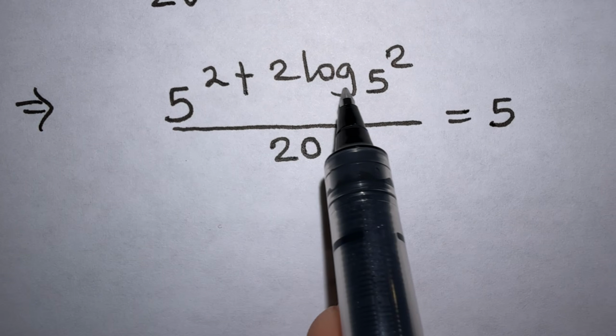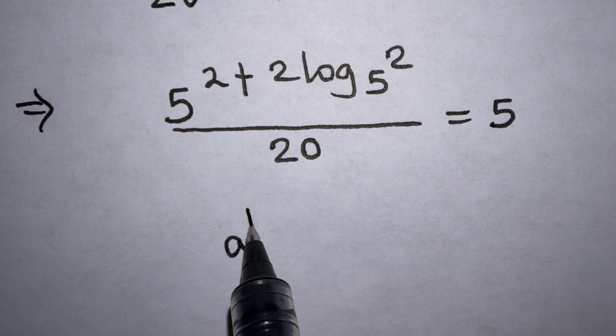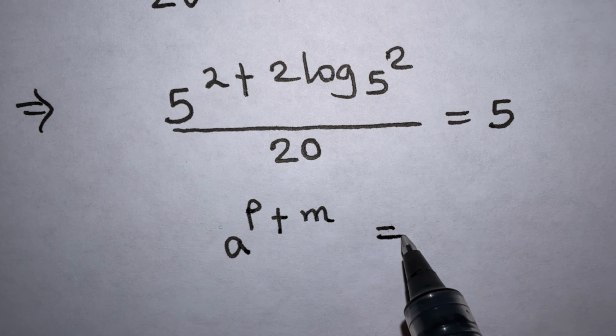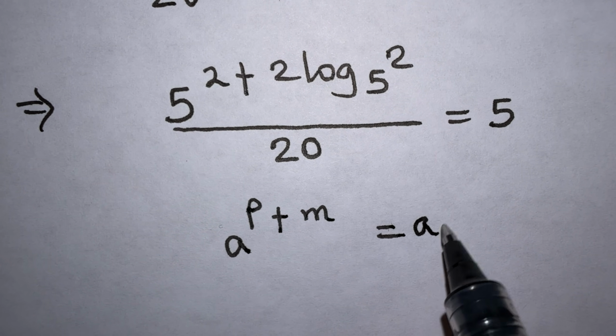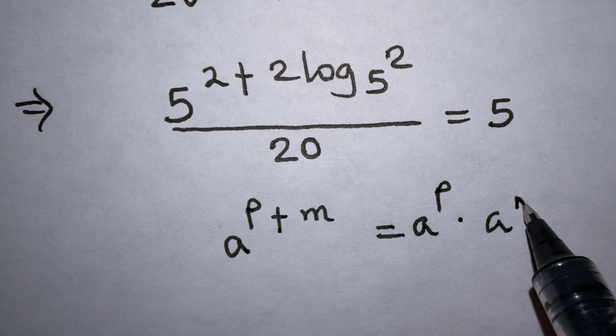Let us first separate these powers by applying this law of indices. A raised to power p plus m, by law of indices, we get a raised to power p times a raised to power m.